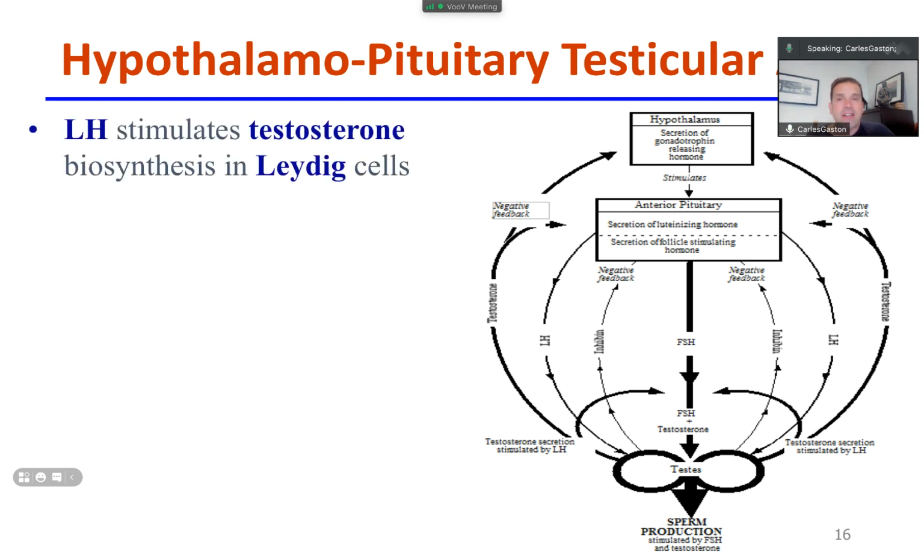So if we start in the hypothalamus pituitary testicular axis, we have the LH stimulates the testosterone. And where does the testosterone start? In the Leydig cells, right? Remember the Leydig cells, which are the ones that are around the formation.